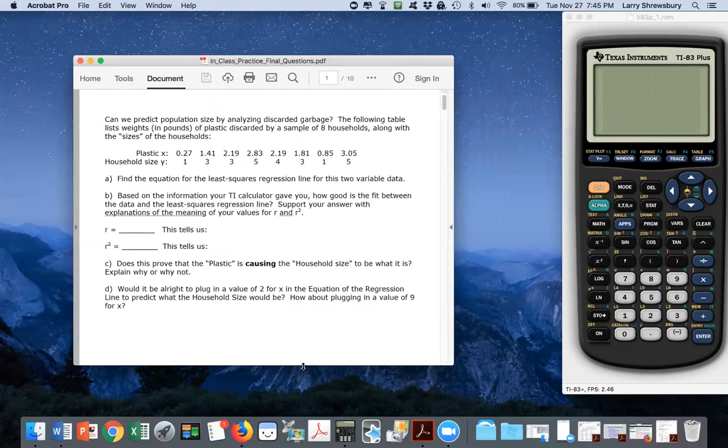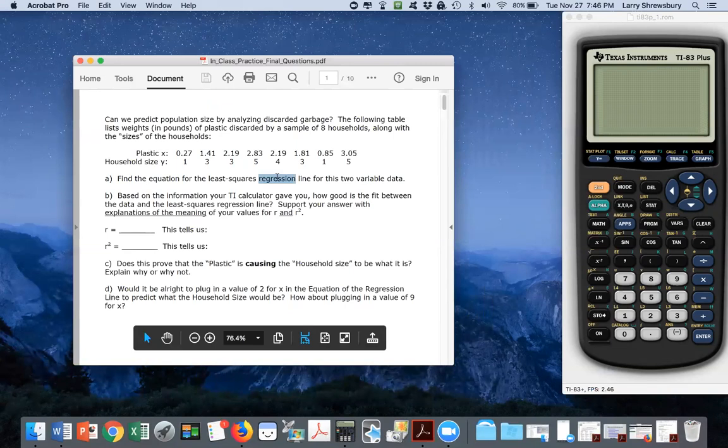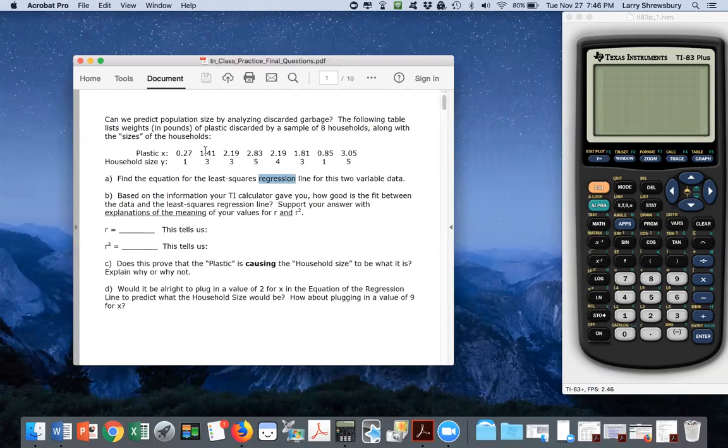All right, well, the first thing we've got to do is put this data in our calculator. But the big idea is what we're going to do here is, as it says right here, regression. So I'm going to put the X variable in list 1, Y variable in list 2, and I'll use my calculator to do the regression for me.